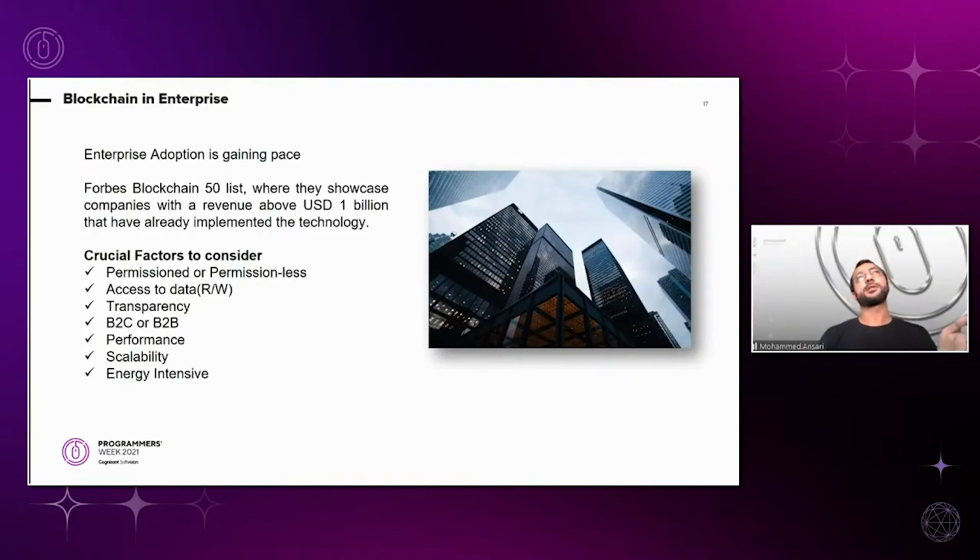Now, in terms of performance, we all know proof of work is very slow. It is very difficult to scale. So enterprises would look for an alternate mechanism like PBFT, for example, in order to implement blockchain on their side.